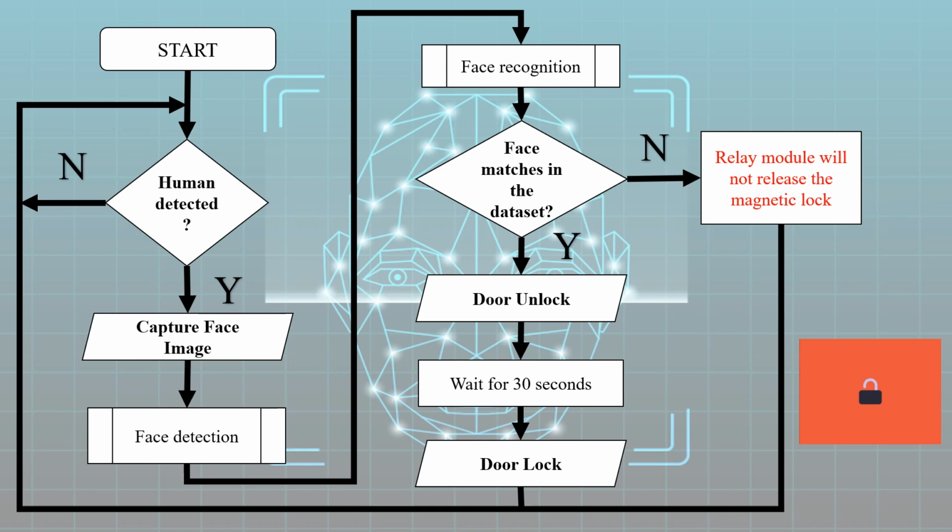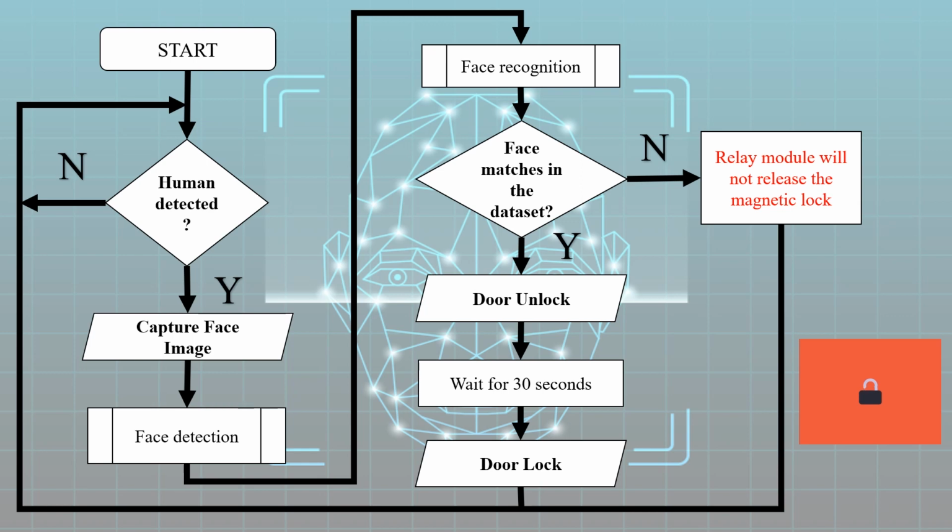In this slide, I'm going to explain how our IoT works. Firstly, the face of the human will be detected by the Raspberry Pi through the Pi camera that we attach to it. If the human face is detected, the face image will be captured and proceed to the face detection stage.